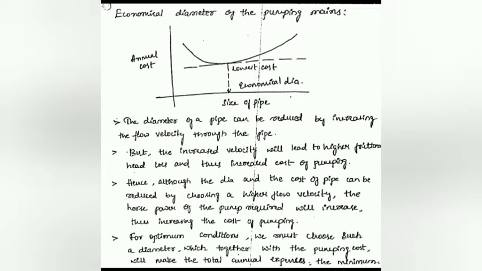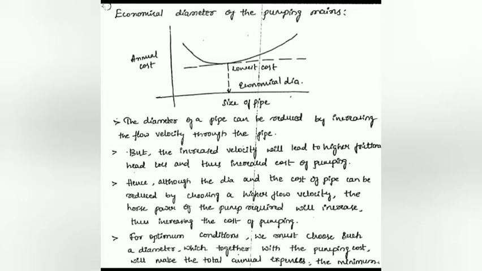Hence, although the diameter and the cost of the pipe can be reduced by choosing a higher flow velocity, the horsepower of the pump required will increase. When we choose a higher flow velocity, the capacity, that is the HP of the pump required, will increase, thus increasing the cost of pumping.